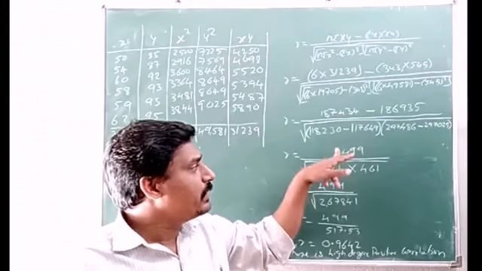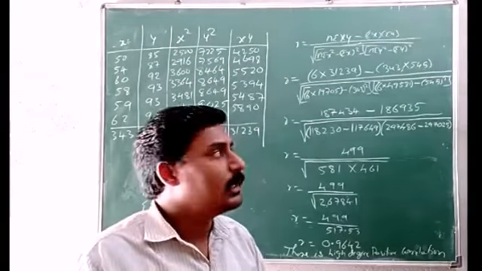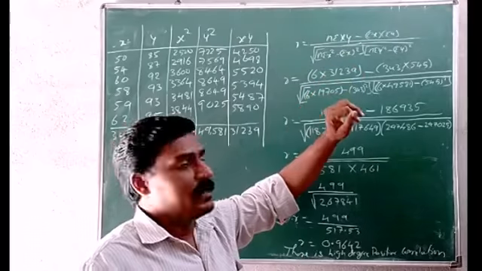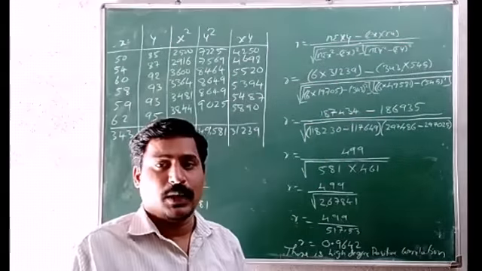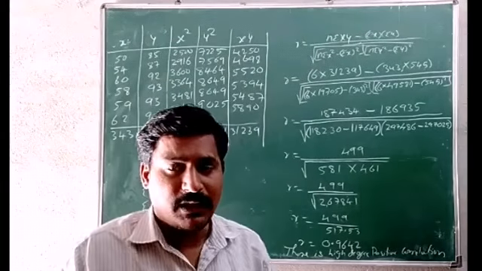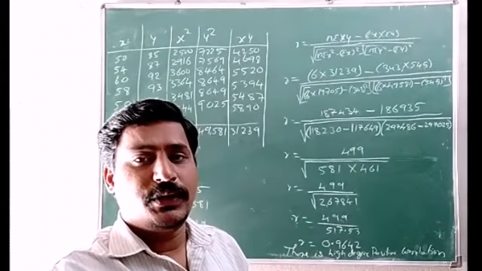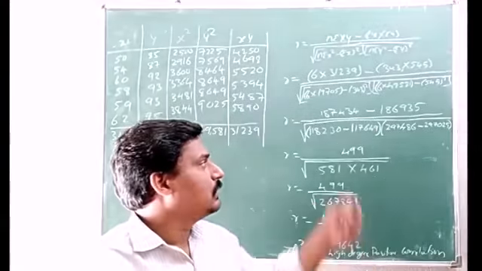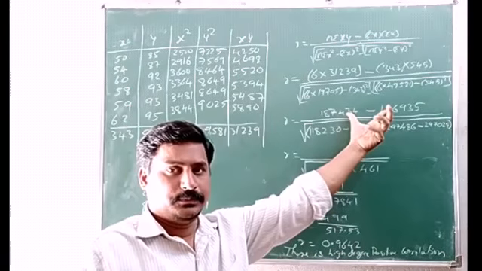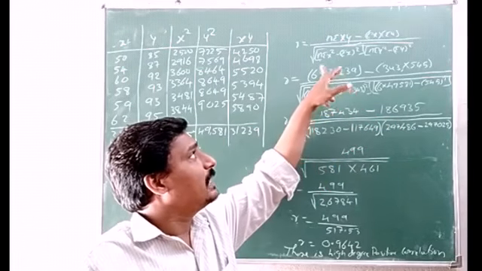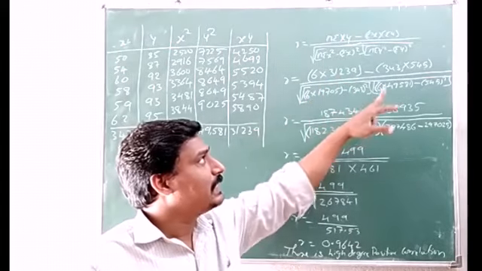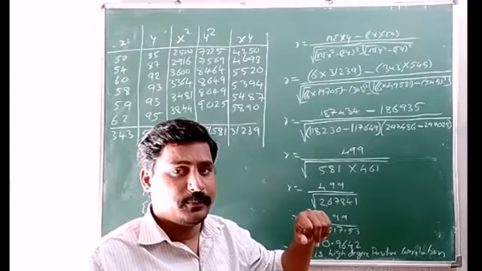And the numerator part, here n summation xy and summation x into summation y. Our answer, whether it is a positive correlation or negative correlation, depends on these two figures here. Sometime the product of n into summation xy will be greater than summation x into summation y.